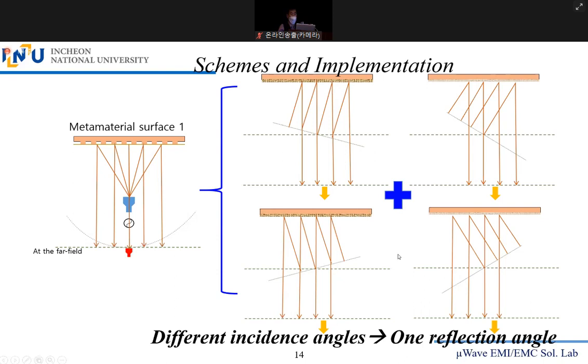That means 1, 2, 3, 4, and this normal reflection added together, then the vectors are constructively summated. Then you can have one reflection angle. It's convergent, right?